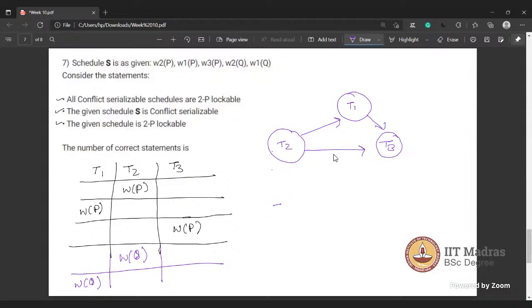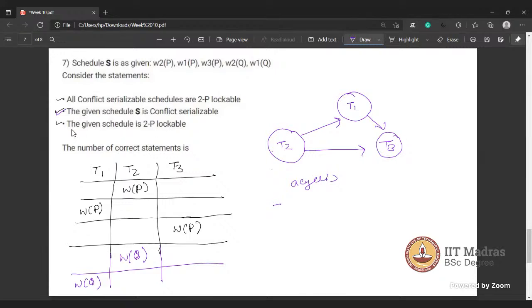You can specify as you wish, but it's better to specify that. So is this graph cyclic or acyclic? Acyclic. So the given schedule is conflict serializable, right?